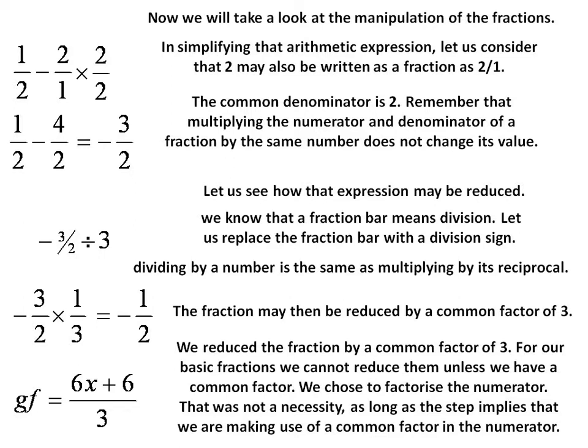So from our basic fractions, we cannot reduce them unless we have a factor that is common to both numerator and denominator. And the same thing applies to this algebraic fraction. Cannot reduce unless we have a common factor in the numerator and denominator. In this particular case, the common factor is 3. Now, we did not need to factorize as long as the step that we are taking is suggesting that we are making use of a common factor that exists in both numerator and denominator.